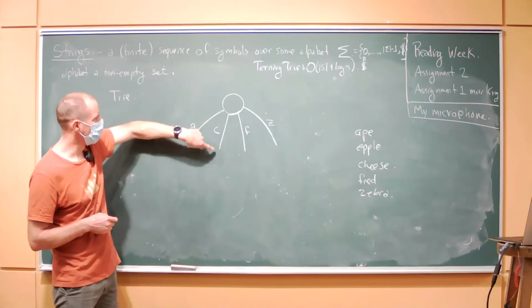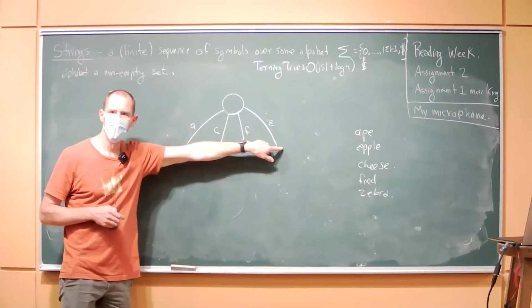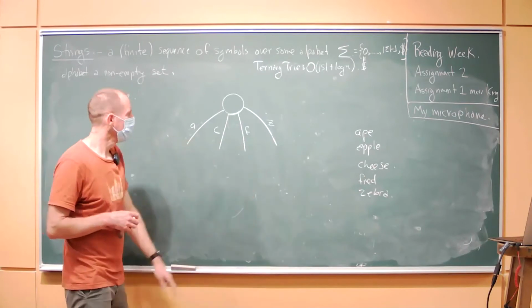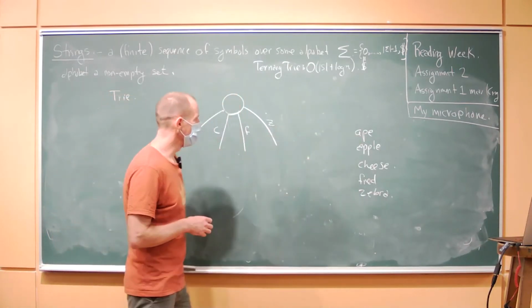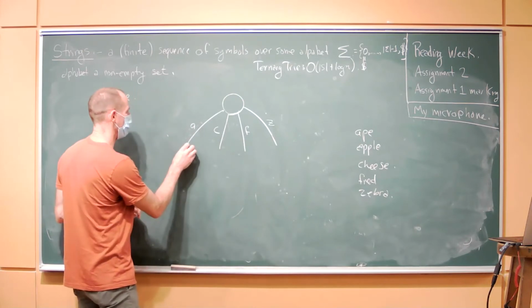This one is in the third element of that array. This one is in the last element of that array. And now you continue. So of all the strings that start with A, they have to go over here.